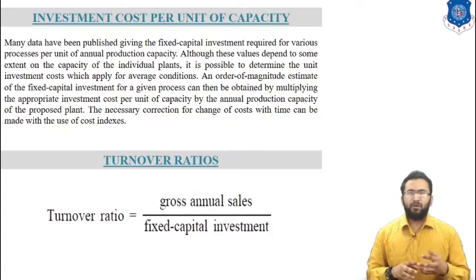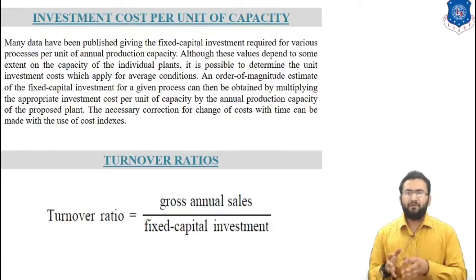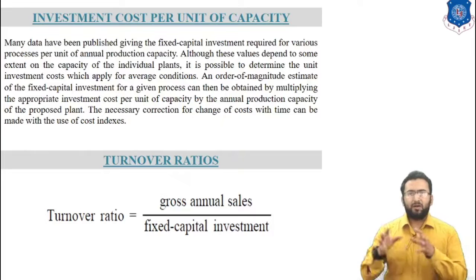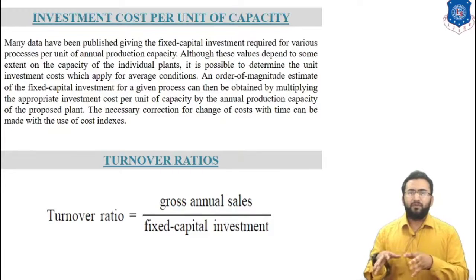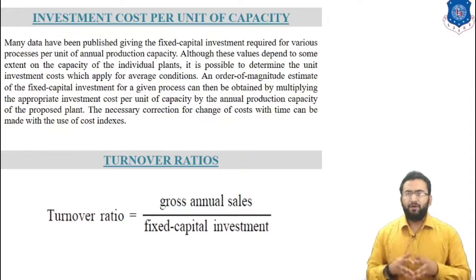The reciprocal of the turnover ratio is sometimes defined as the capital ratio or investment ratio. Turnover ratios up to 5 are common for established businesses, and some are as low as 0.2 for the chemical industry. As a very rough rule of thumb, the ratio can be approximately 1.